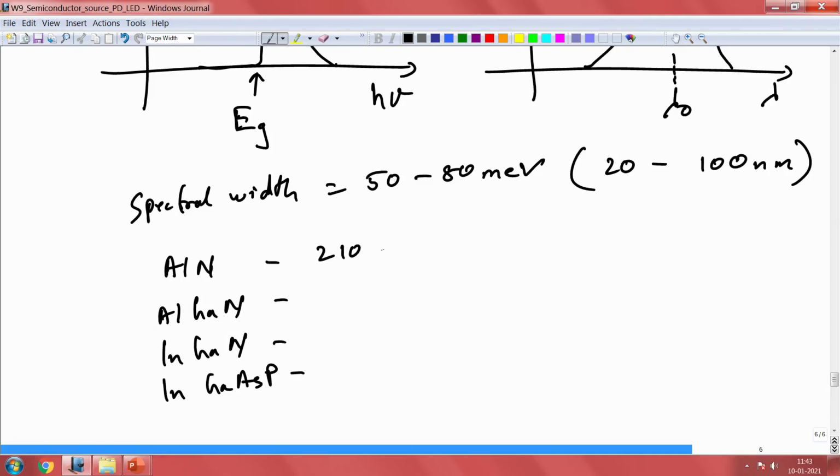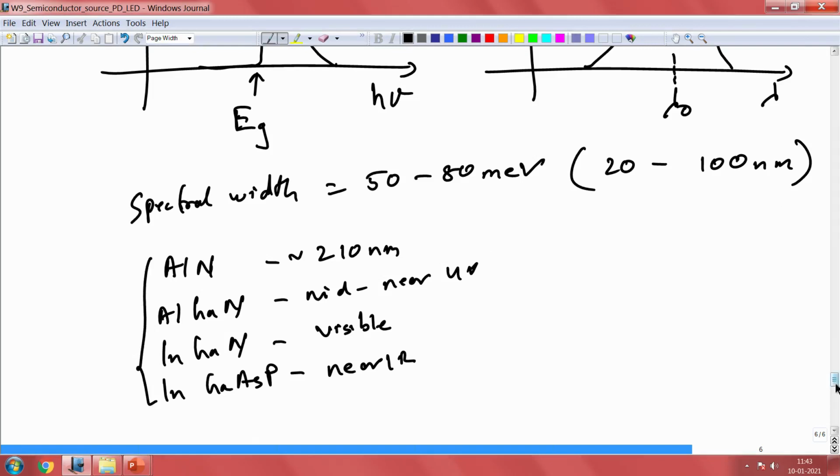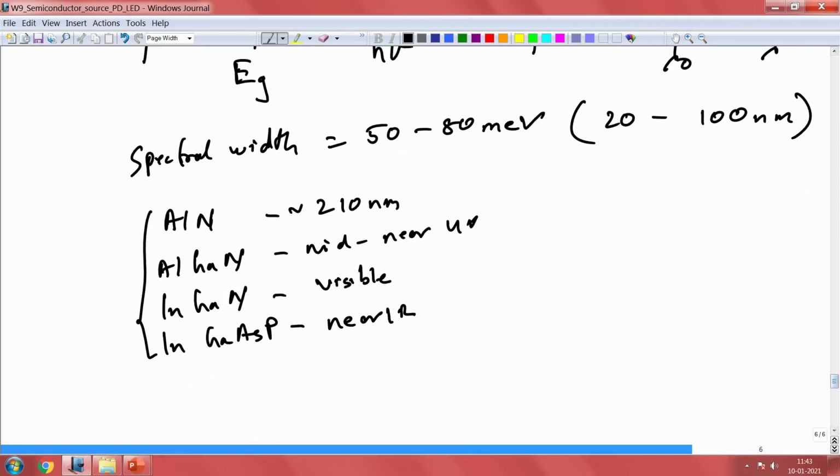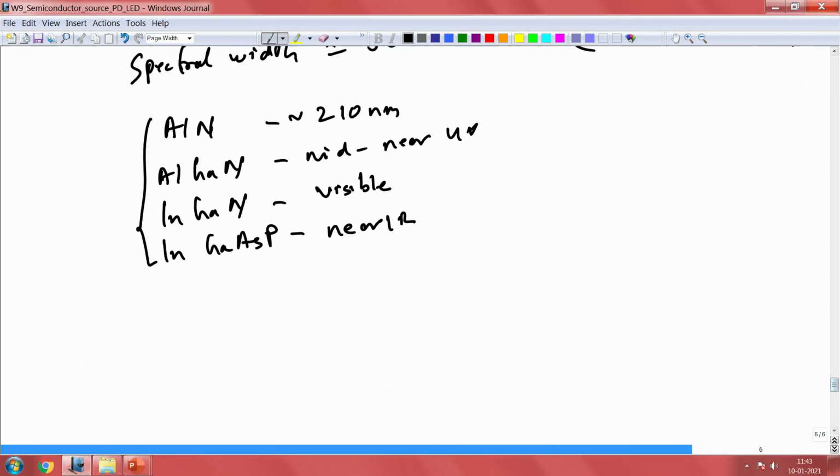So, this could be really deep ultraviolet. So, you can have mid to near UV, this is all visible, and then this is near IR, right. So, this is all possible generation of light sources from different material systems. It's up to us to choose the material system that we would like to have for corresponding wavelengths.